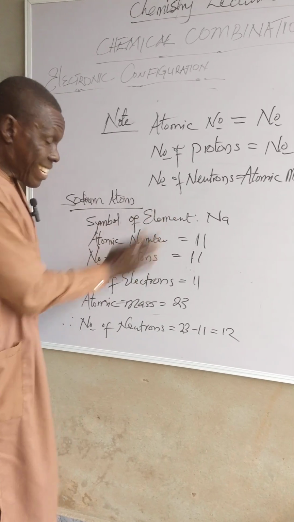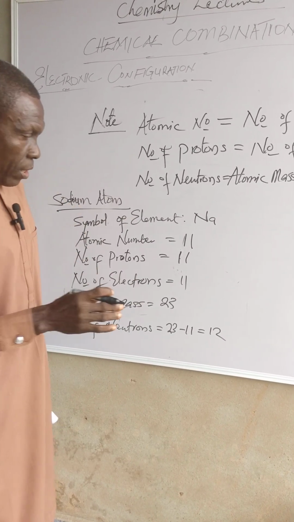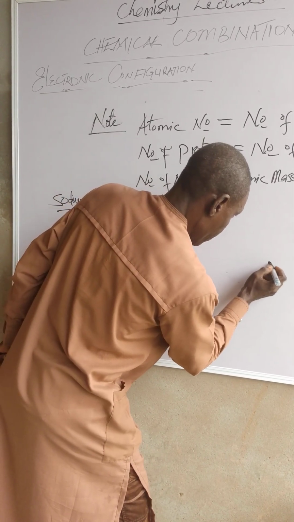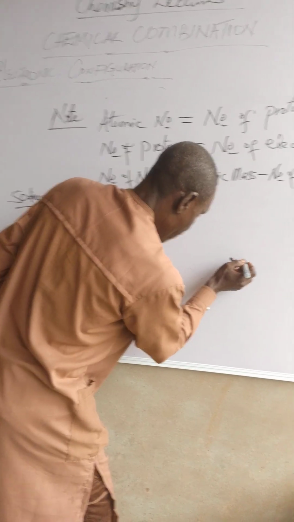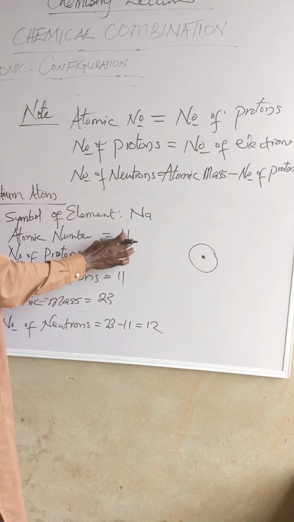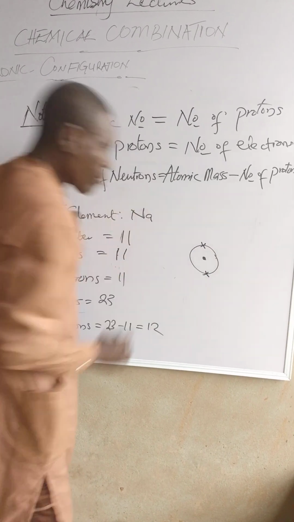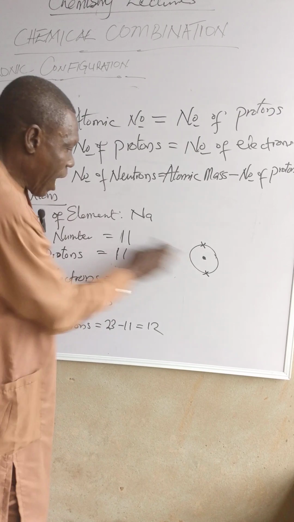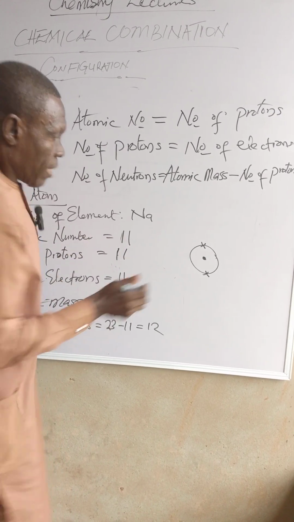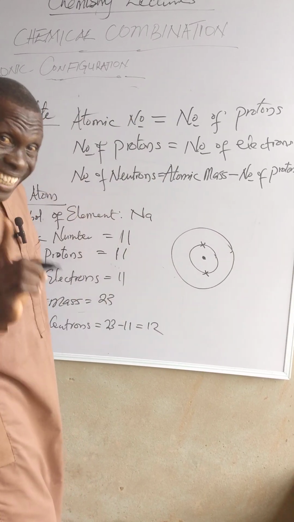Now when you have done this, you are now ready to construct the structure. Now the center, of course, the nucleus. The first shell, you have 11 electrons, so 2 maximum will go here. Now if you take 2 out of 11 electrons, you have 9 electrons. So the second shell will contain what? 8 maximum.